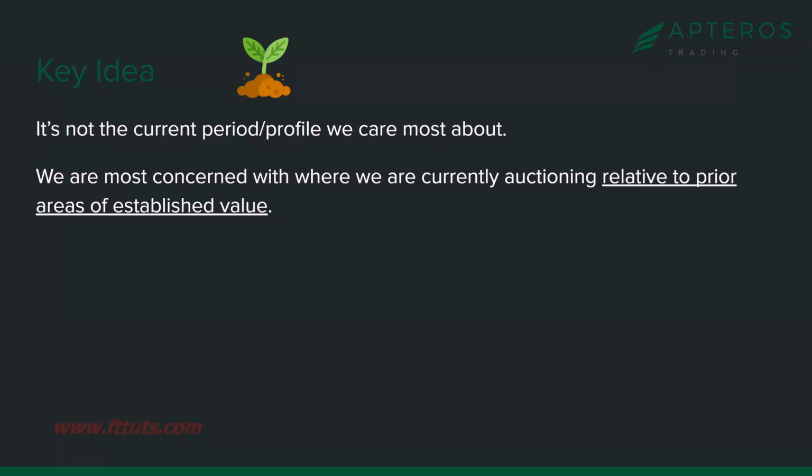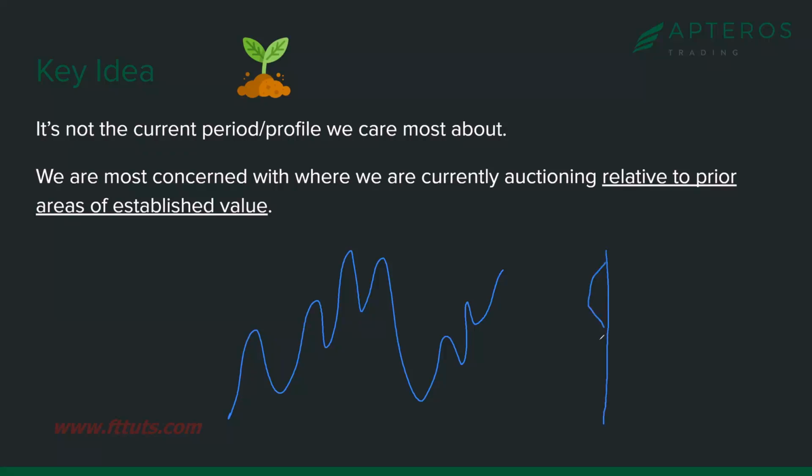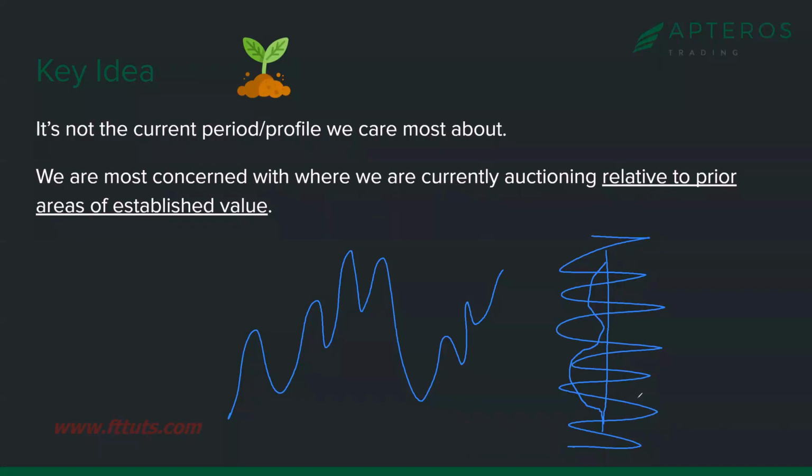That's what matters. A lot of people get into profiling and they think that here's today's price action, and then over here on the hard right edge, the right-hand side of their chart, they have the profile for that day's session. I almost never use or look at or care about the current period's profile, whether it's a day or a year.